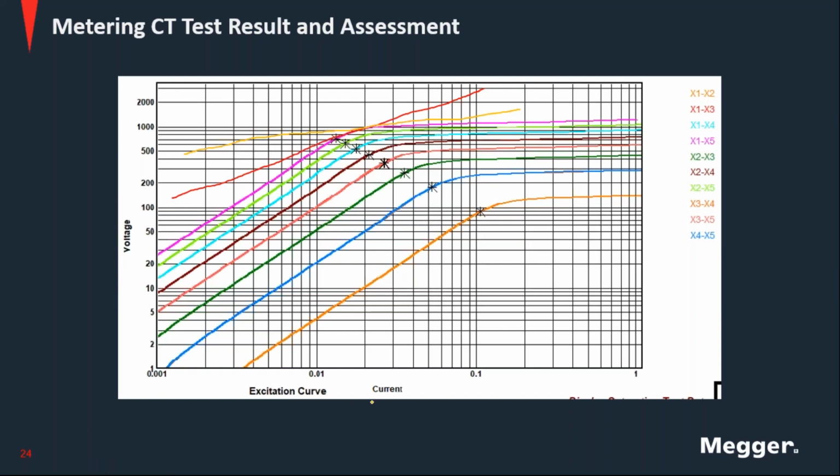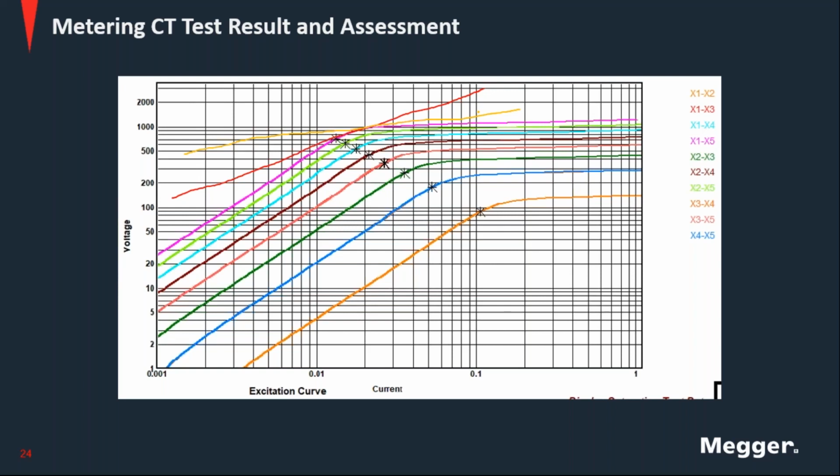So for ANSI 45, you would take a line that has a 45-degree angle, and you would have it touch the excitation curve in just one point. That's the definition of tangent, and that would be your knee point.